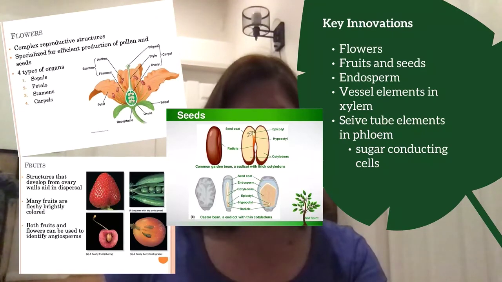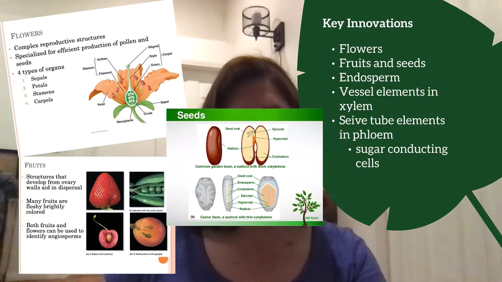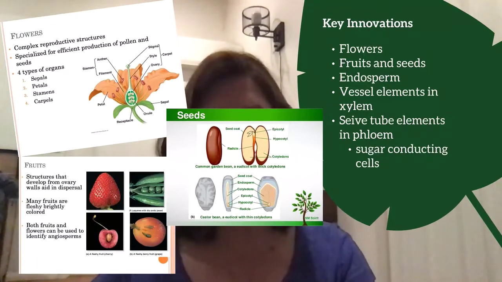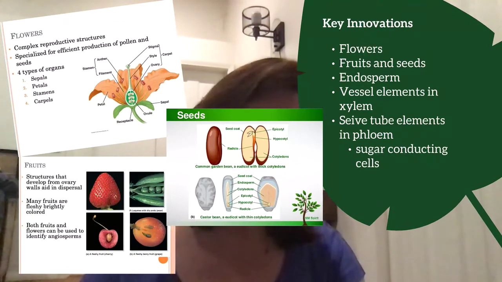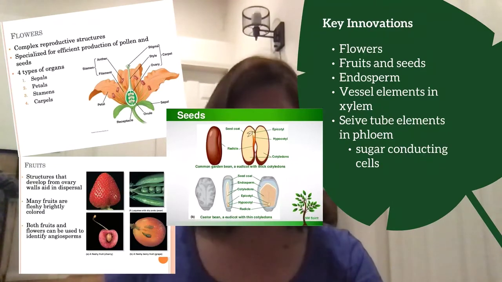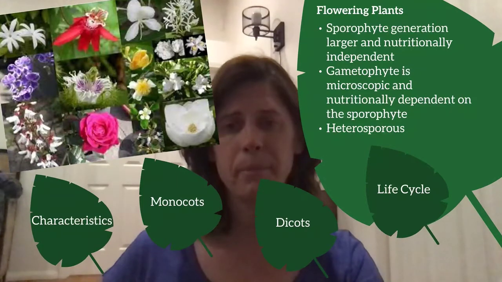And then again, sieve tube elements are cells associated with the phloem, and these are the sugar conducting cells. So as the leaves are photosynthesizing and making sugar, making glucose, then it gets distributed around the plant and mainly down to the roots where it gets stored as starch, right? And you like to eat starch. You like to eat carrots and potatoes and things like that.